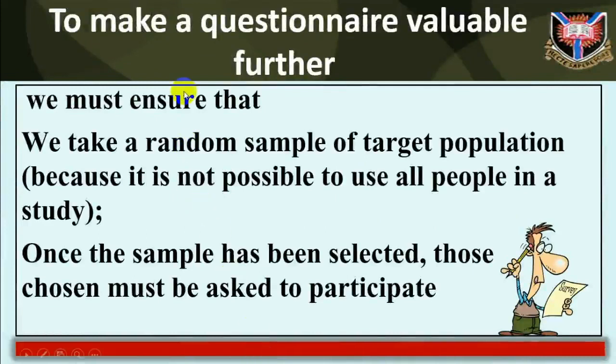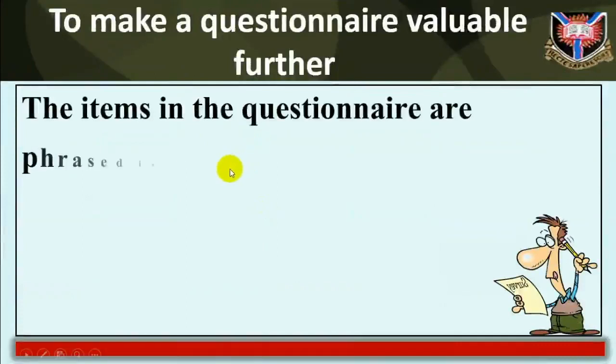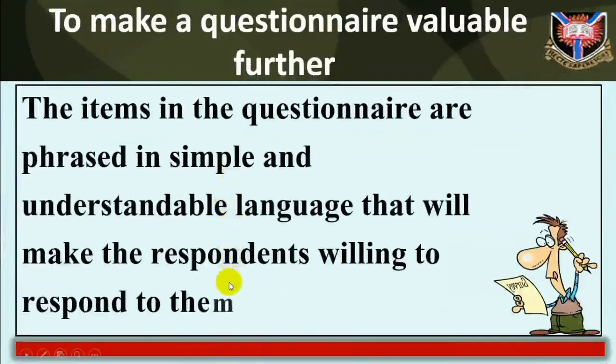To make a questionnaire valuable, we must ensure that we take a random sample of the target population. We must ensure that once the sample has been selected, those chosen are asked to participate, and the items in the questionnaire are phrased in simple and understandable language that will make the respondents willing to respond to them.